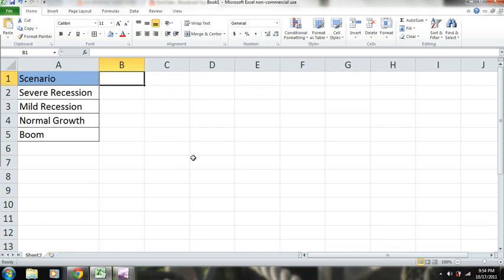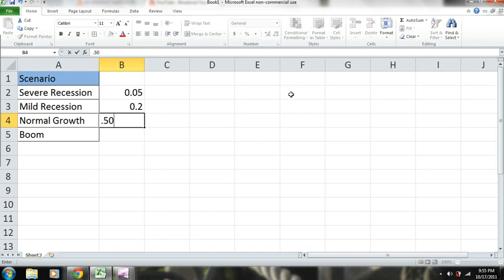Okay, so we have our scenarios. Now we have to list our probabilities that are associated with these scenarios. What are the probabilities of these different economic states actually occurring? We would normally get this data through extensive research of all the different economic cycles, but in this example, we're just going to make them up. So that's a 5% chance of a severe recession, a 20% chance of a mild recession.